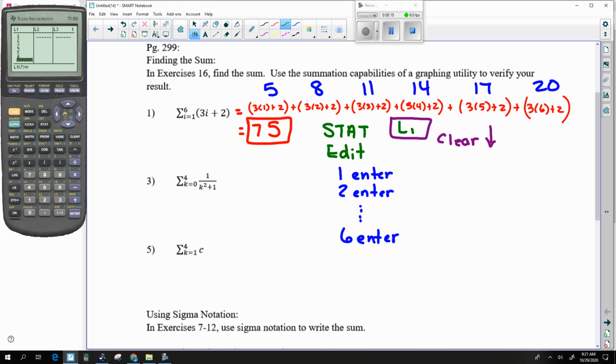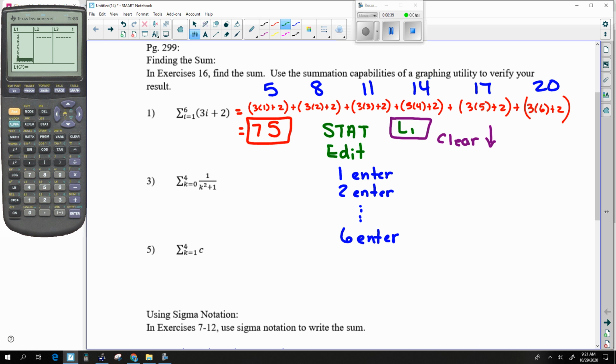Okay. Now, notice that I am putting this in list 1, AKA L1. We'll get to that in a moment. What I want to do is get out of here and actually do the summation. So don't hit clear or anything.